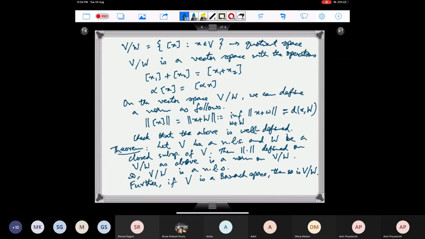This theorem actually gives you new normed linear spaces. If you have any normed linear space, then you can form many more normed linear spaces by taking the quotient space with any closed subspace of V. So that is a general way that you can construct more normed linear spaces from a given normed linear space.